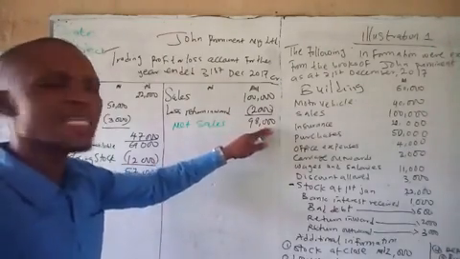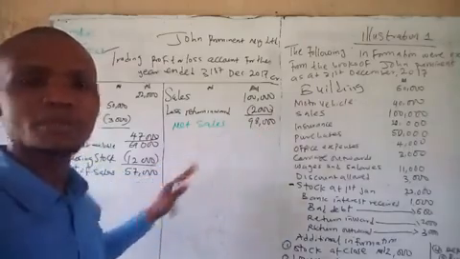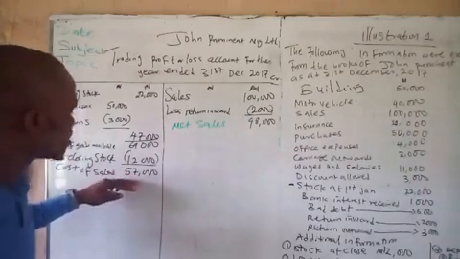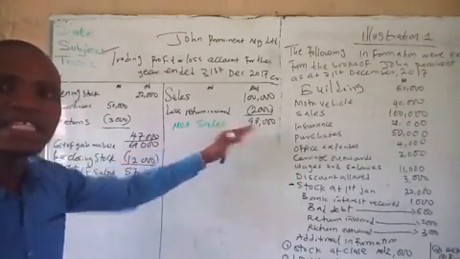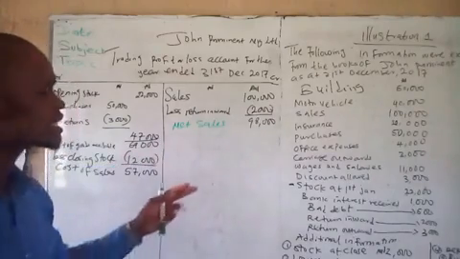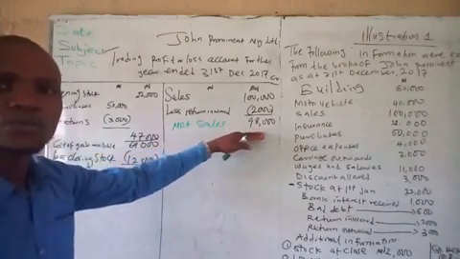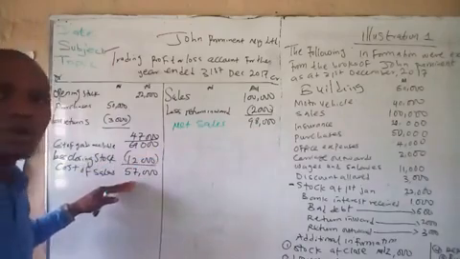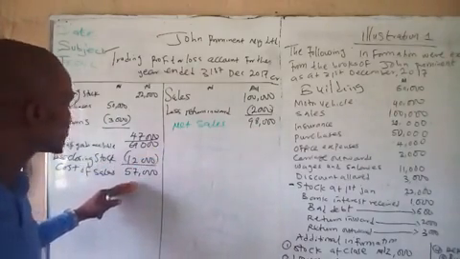If net sales is more than cost of sales, here is gross profit. But if the net sales is less than the cost of goods sold, then it's a net loss. But in this case, net sales or revenue is 98,000, and cost of goods sold is 57,000.